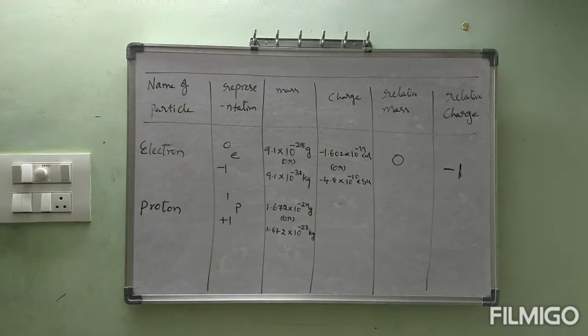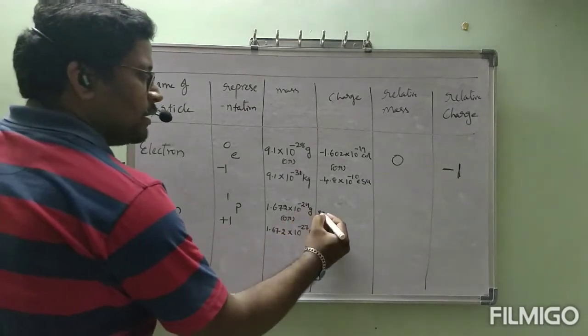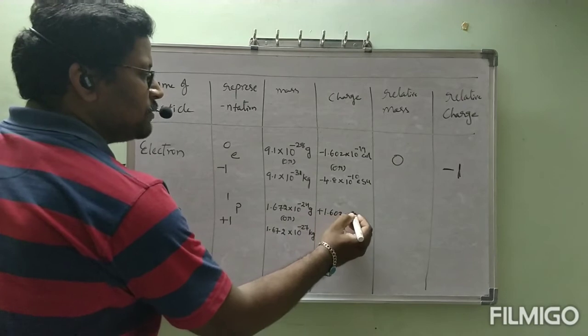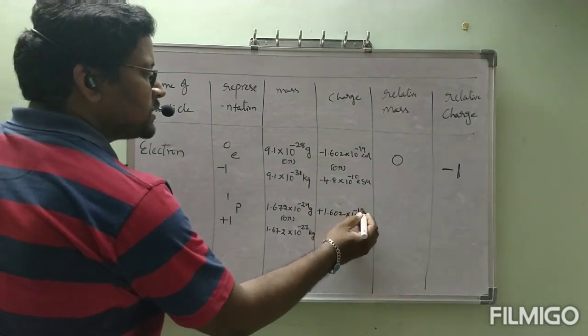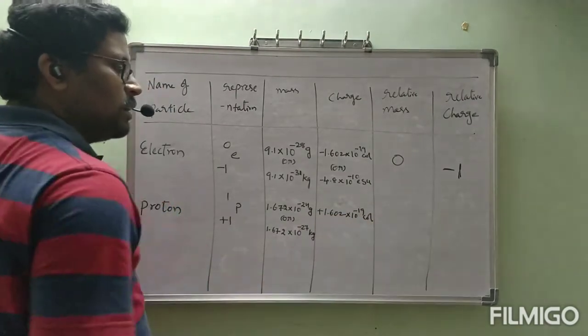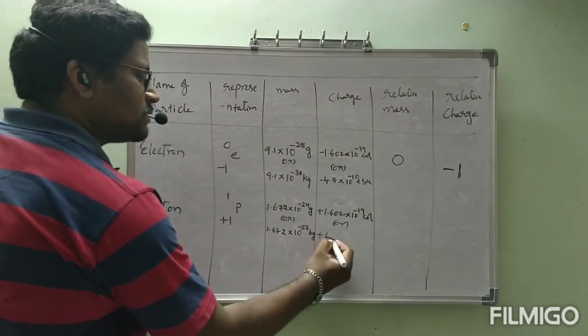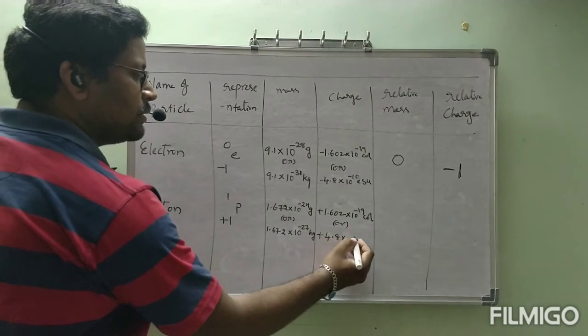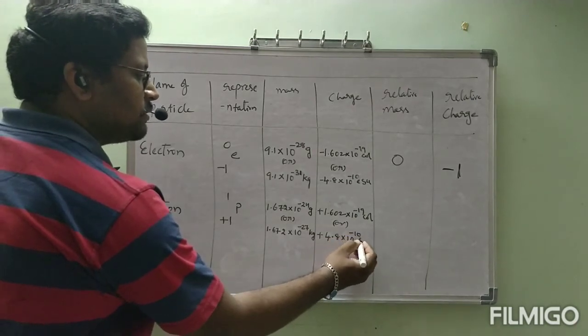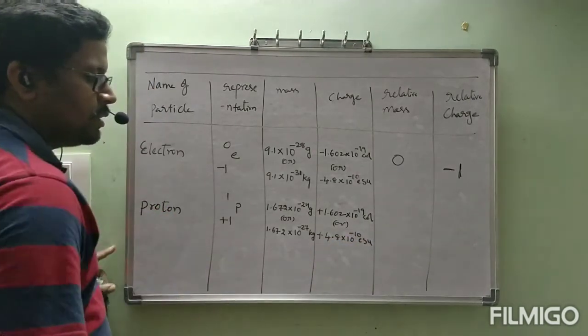Proton mass is 1.672 into 10 power minus 24 grams, or 1.672 into 10 power minus 27 kilograms. Charge is plus 1.602 into 10 power minus 19 coulombs, or plus 4.8 into 10 power minus 10 ESU.